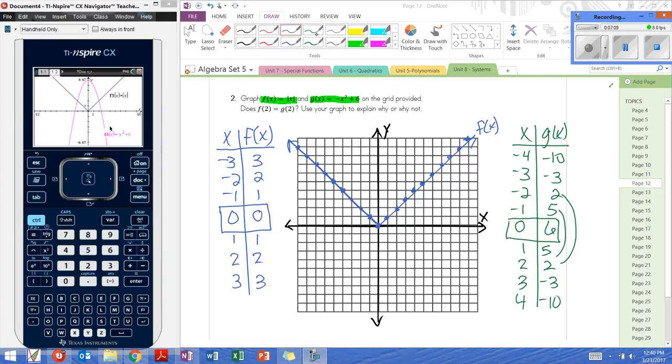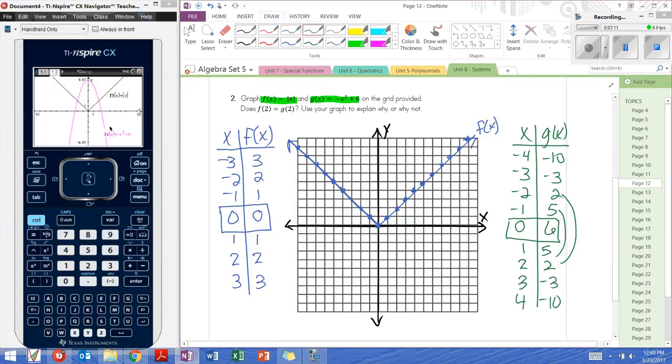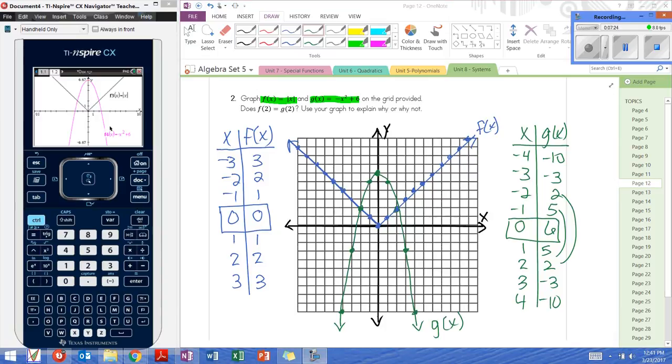Let's go ahead and do the same thing for g of x. And I just really like graphing my vertex first. Okay, so I finished graphing my quadratic function.